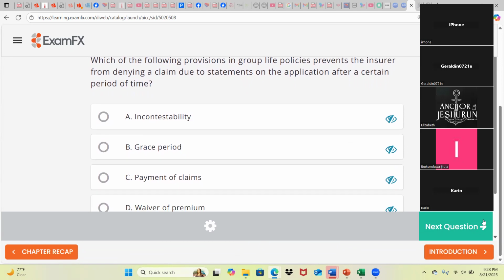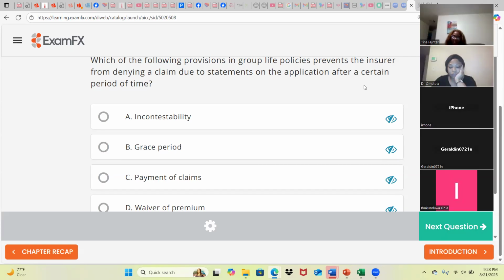Which of the following provisions in group life policies prevents the insurer from denying a claim due to statements on the application after a certain period of time? A, incontestability. B, grace period. C, payment of claims. D, waiver of premium.